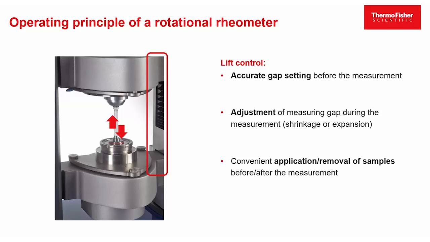The lift control also enables the adjustment of the measuring gap during the measurement to actually compensate occurring shrinkage or expansion. Additionally, the lift can also be used to move the upper measuring geometry, so you can apply or remove samples before or after the measurement.